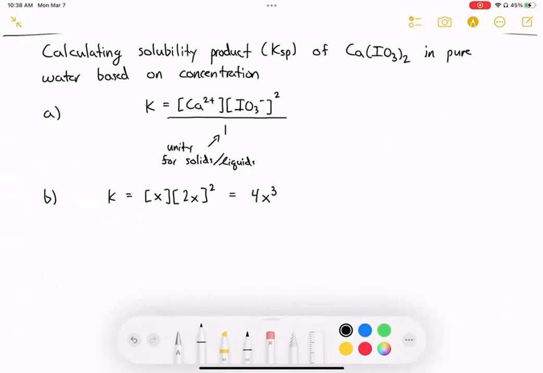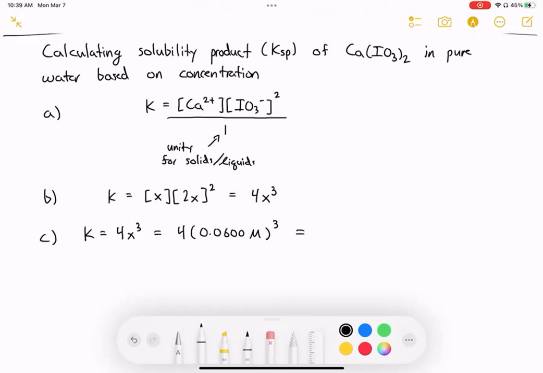And then we can plug in our values here. So that is our expression, part C. We're going to solve for that expression, which equals 4x cubed, which equals 4 times our solubility, 0.0600 molar cubed.